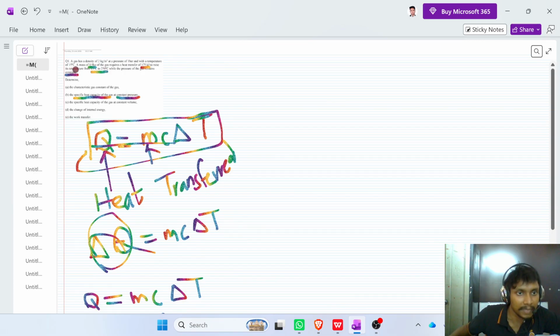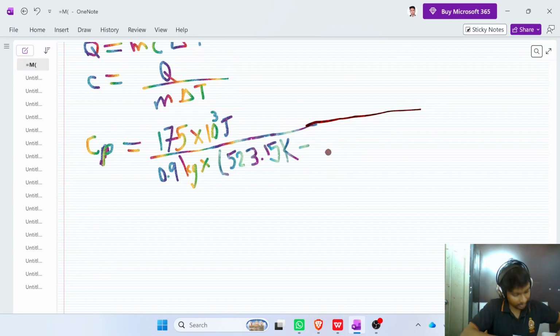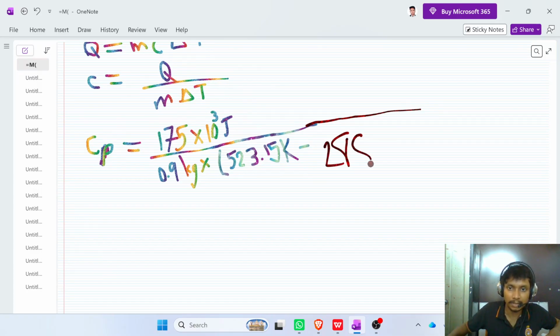The initial temperature is 15 degrees Celsius, which is equal to 288.15 Kelvin.